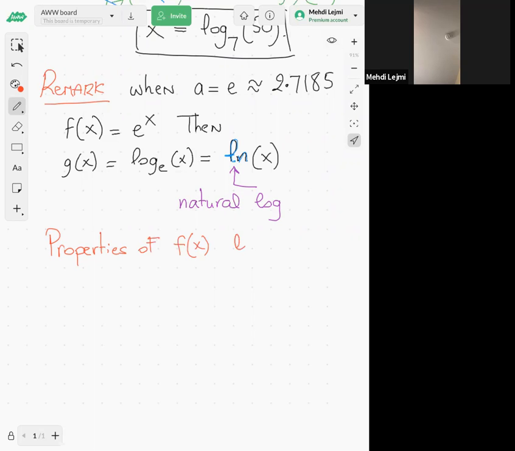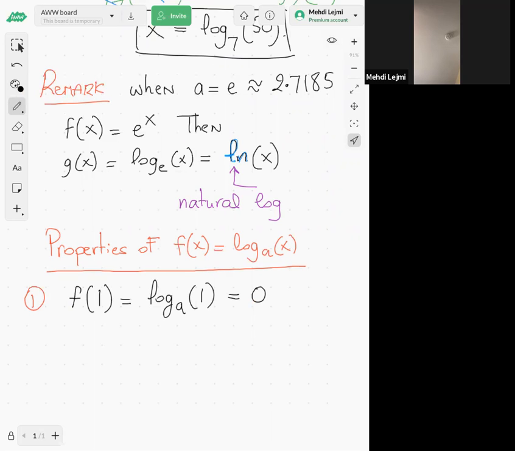Log in base a of x. First property is that f of 1, which is log in base a of 1, is always 0.